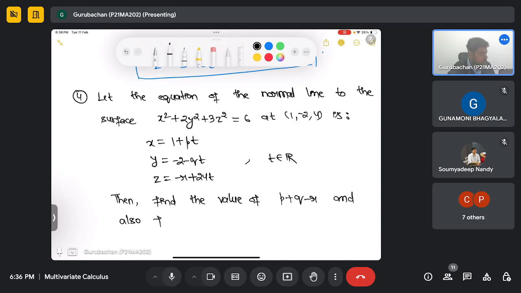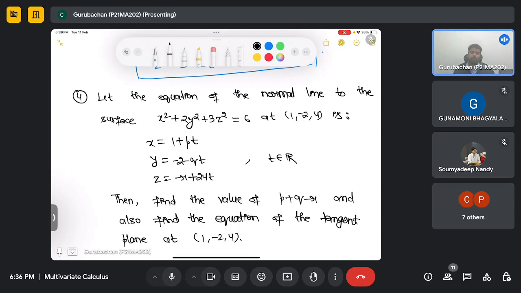also find the equation of the tangent plane at 1, minus 2, 4.